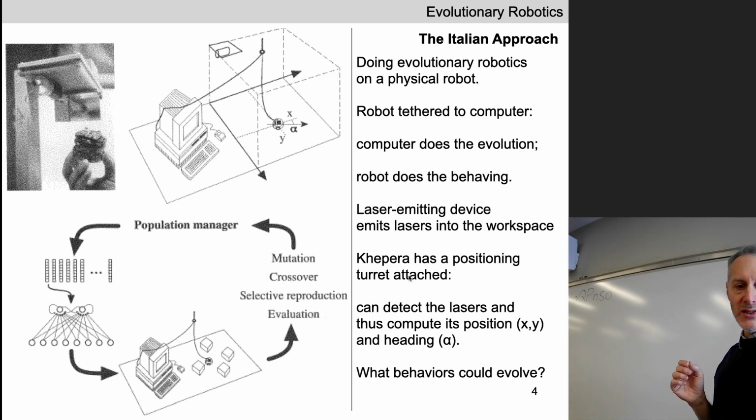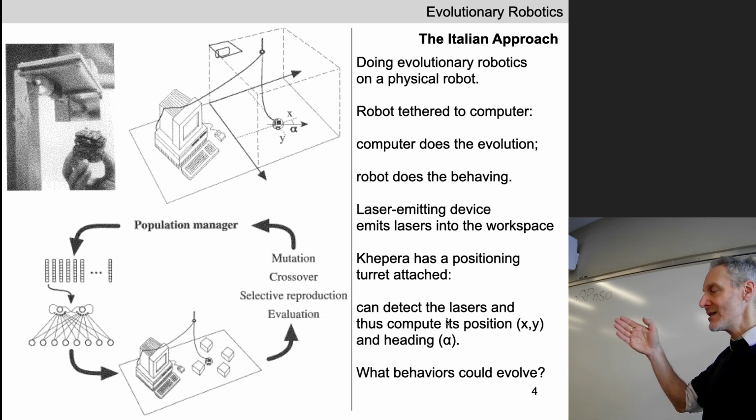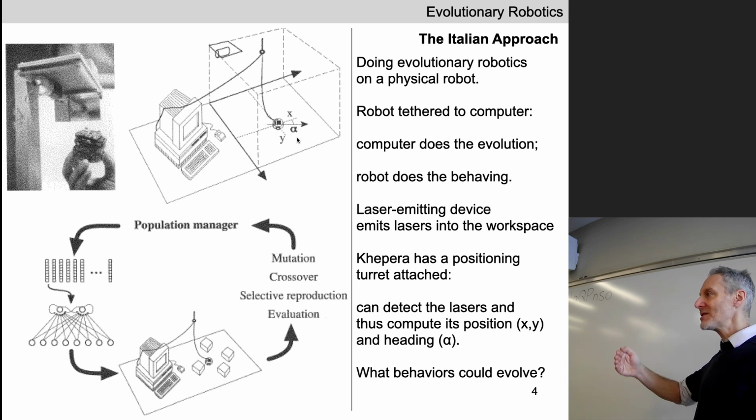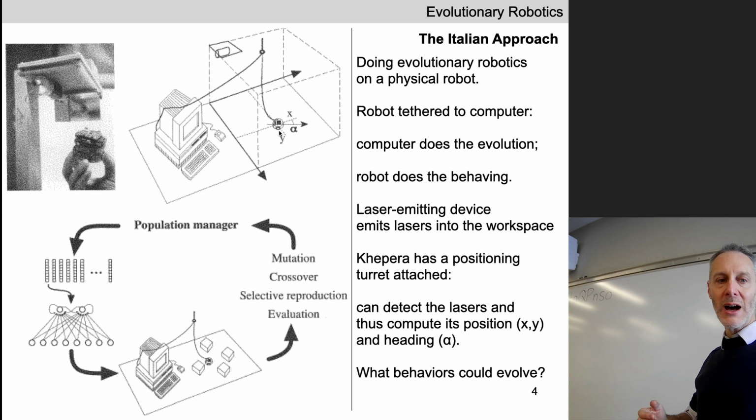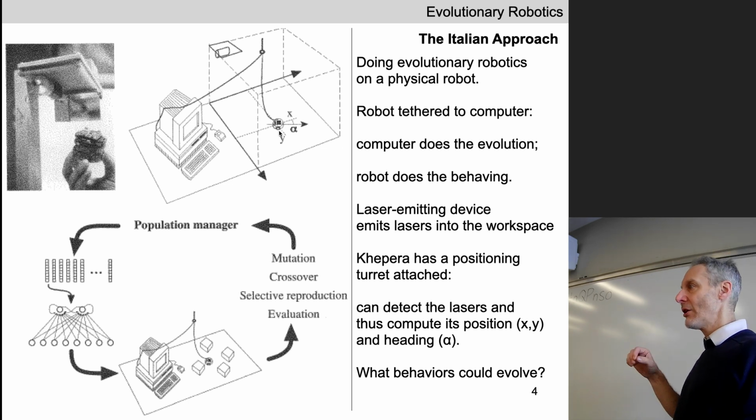You can also put something on top that detects various types of sensors. So in this case, the Khepera was picking up the laser, and based on the laser intensity, the little robot had enough circuitry on board that it could compute its X and Y position on the top of the table, and its heading alpha. So at every time step, about every 1/10 of a second, this robot, as it's moving around, knows its X, Y and alpha.